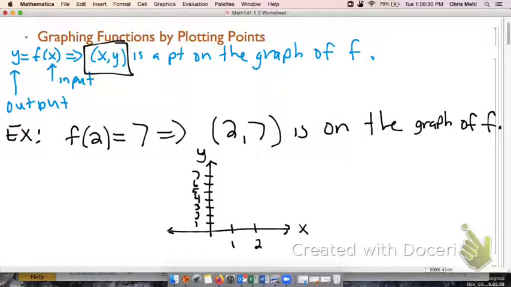For plotting the point 2, 7, again, I plugged 2 into the function, I got 7 as an output, and then on the graph, if I want to convey that information, I would go 2 units to the right, and I would go up 7 units from the origin, which would be about right there.